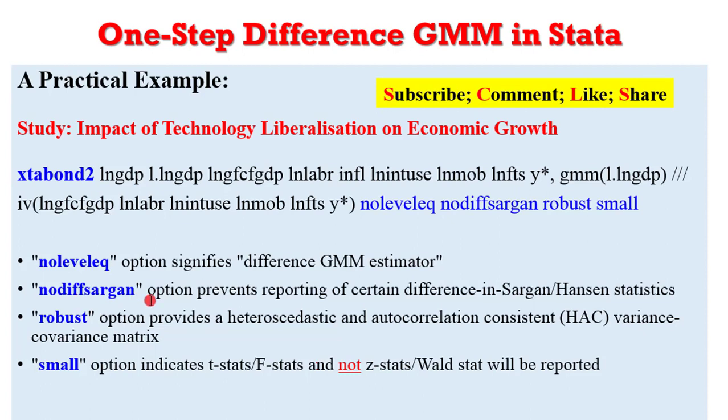By specifying nodiffsargan, I'm telling Stata not to report the difference in Sargan or Hansen statistics. By specifying robust, I want Stata to provide a heteroscedasticity and autocorrelation consistent variance-covariance matrix. And by indicating the small option, I prefer to have t statistics and F statistics reported and not z or Wald statistics.